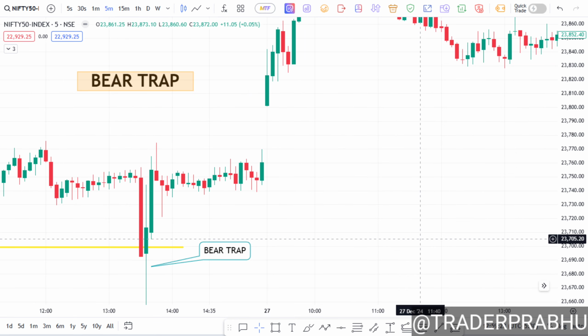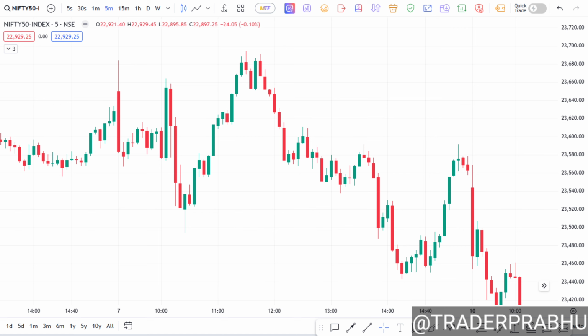Price briefly moves above resistance or below support, tricking traders into entering too early. Then price reverses sharply, hitting their stop losses.